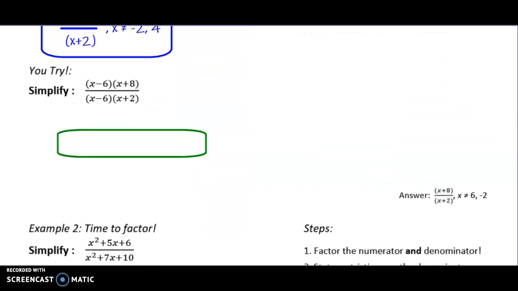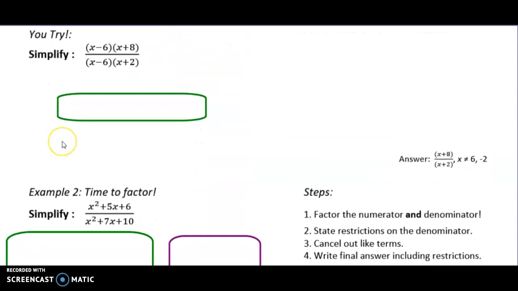Okay, looking at the you try problem, pause the video for a moment and try it yourself. So the first thing you want to do is state your restrictions. So you look at the denominator, set those factors equal to 0, and those restrictions will be positive 6 for this factor and negative 2 for that factor. Then you would cancel out your like terms, which is x minus 6, and what's left over is your final answer.